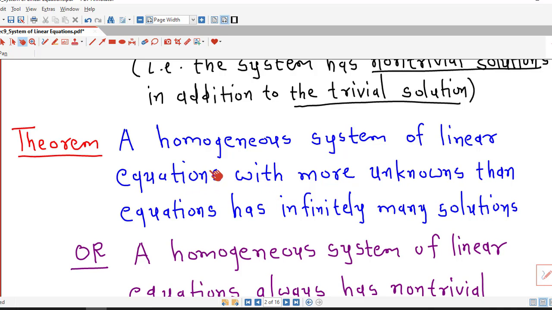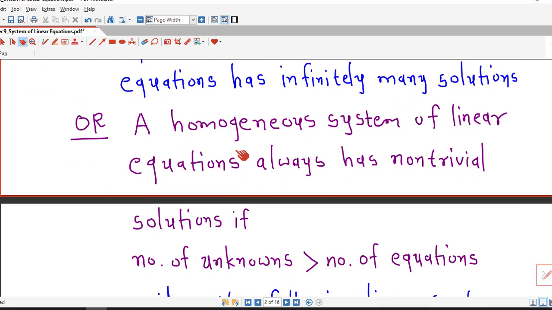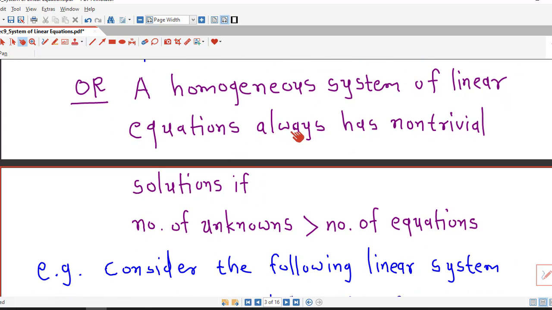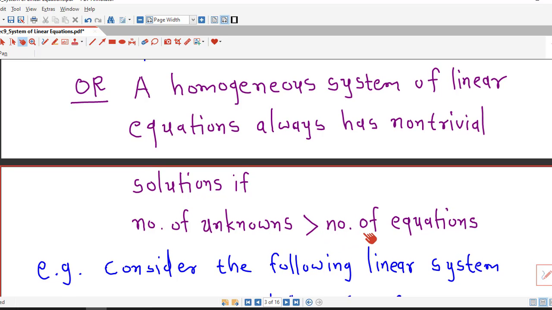This result says that if in a homogeneous system the number of unknowns or number of variables is strictly greater than the number of equations, then the homogeneous system will always have infinitely many solutions.